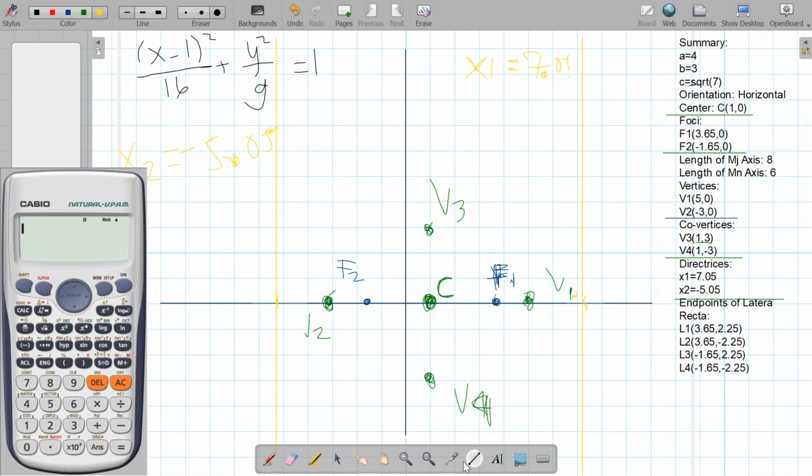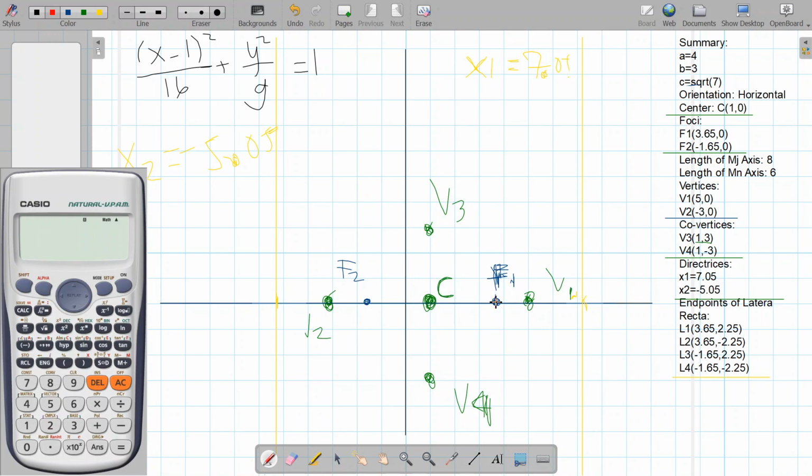And we have the endpoints of the lateral recta. So if we're done with the lateral recta, we can actually create the ellipse. Okay, so where is it? 3.65 and 2.25. So 3.65 here. So 1, 2, 3.65. So it's here. So again, it's just actually in line with the focus.